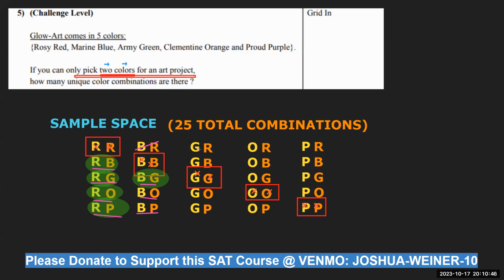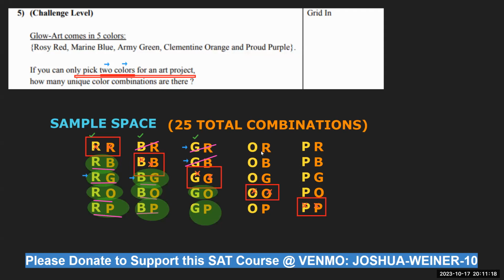Next, we see that, well, green red is here, and green blue is blue green. So we can eliminate these. This is a double count. However, we can keep green with orange and green with purple. And now we're done with all the combinations that begin with green.